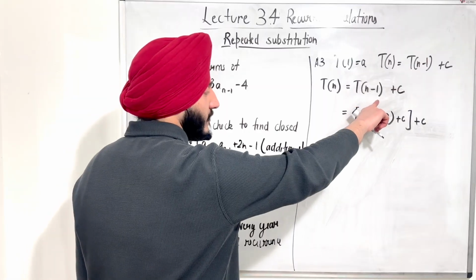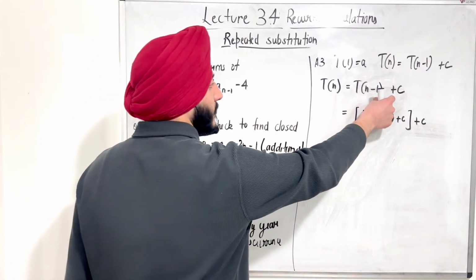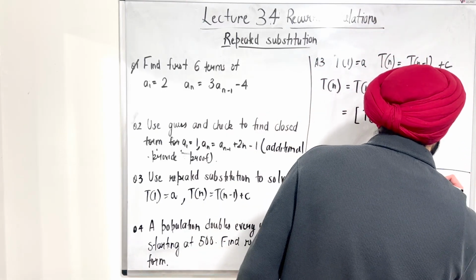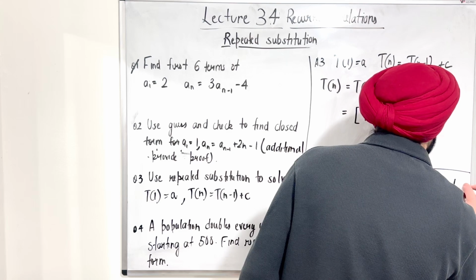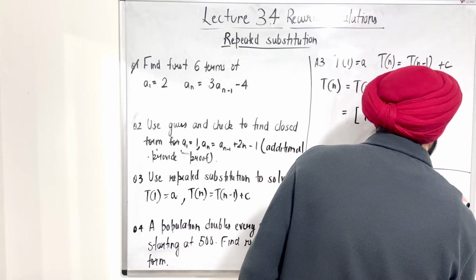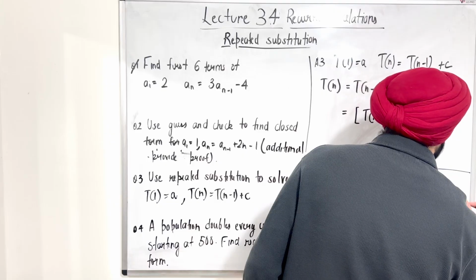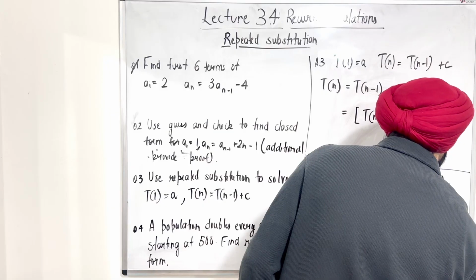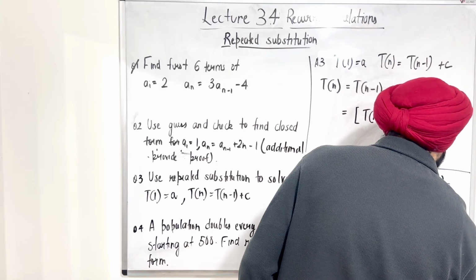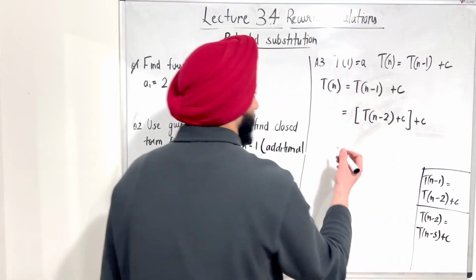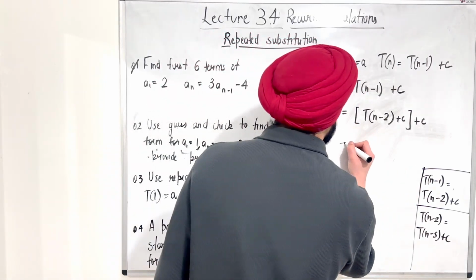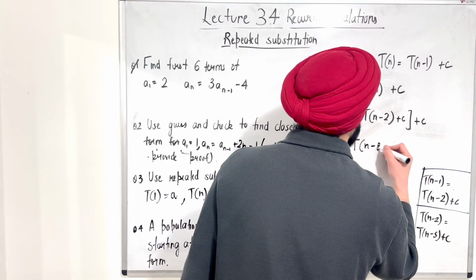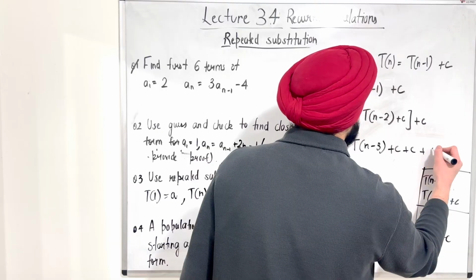In the first iteration, you had Tn minus 1 plus C. Tn minus 1 would be Tn minus 2 plus C. Tn minus 2 would be Tn minus 3 plus C, right? So in the second case, I have this. If I do this one more time, I get Tn minus 3 plus C plus C plus C.